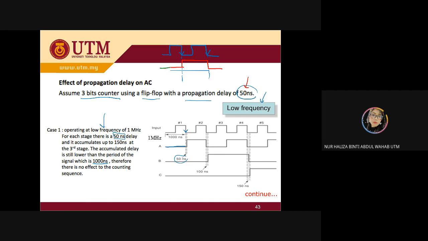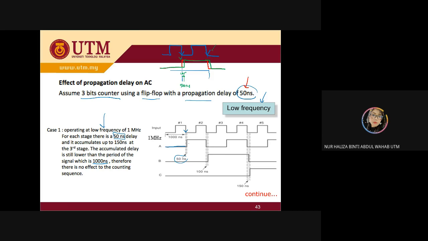Then it's going to be here and it will be like this. You can see there is a difference between each other here of about 50 nanoseconds because of the delay. Supposedly it's going to change directly at this time, but it's delayed, similar to this part.